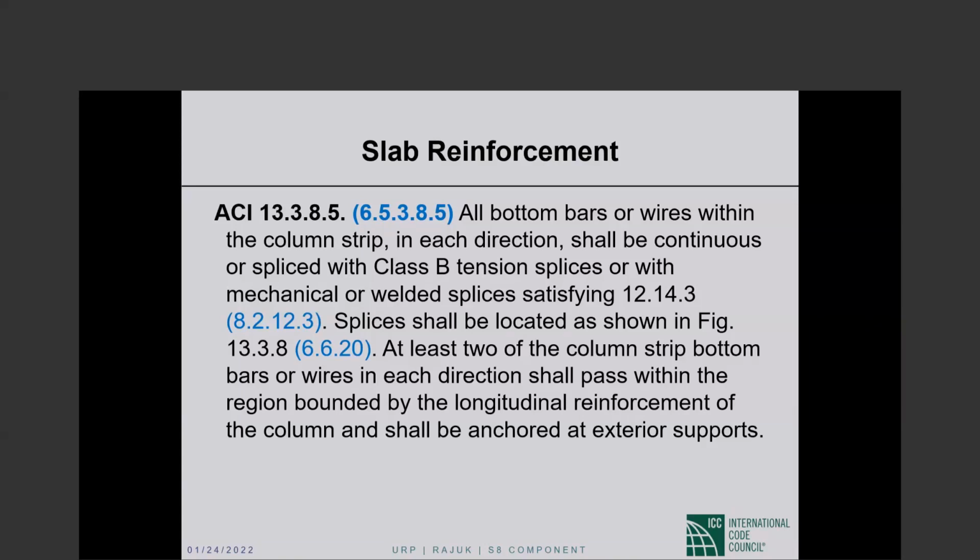I cannot tell you how beneficial this requirement has been and how many buildings it has saved after explosions and things like that. Highly, highly important. All column strip bottom bars shall be continuous with two of them passing through the column cage.